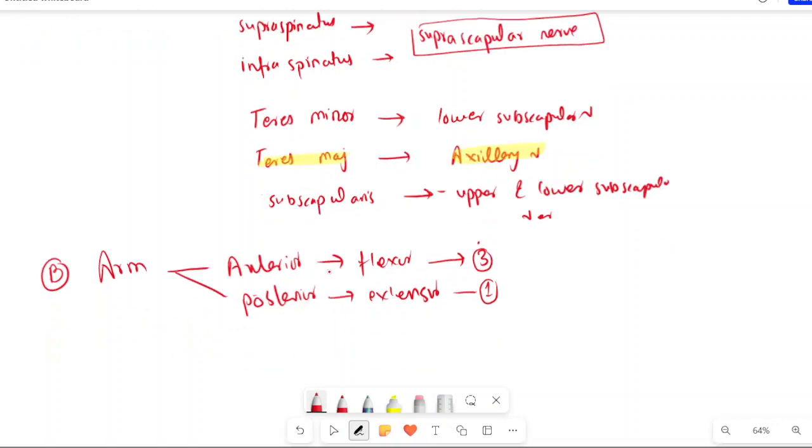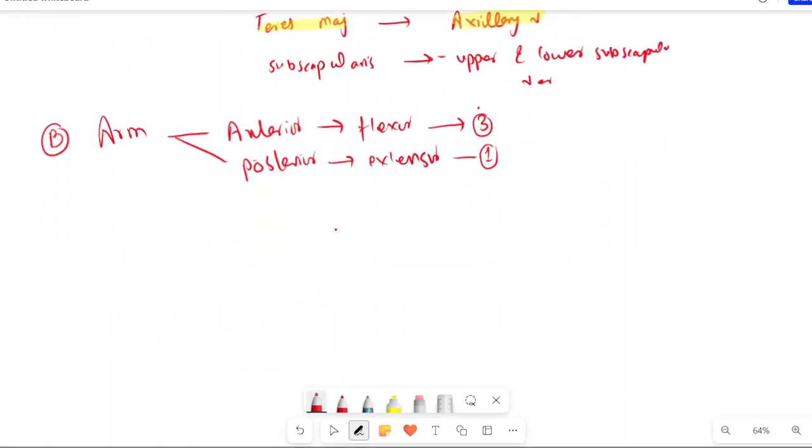So what are they? On the anterior side there is the biceps brachii muscle.